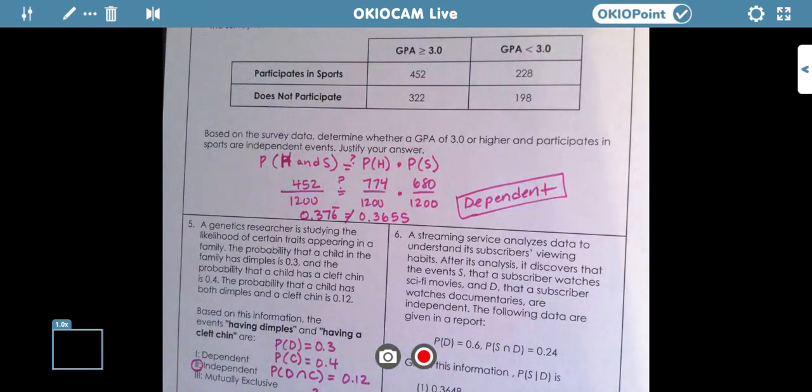All right, last one. A streaming service analyzes data to understand its subscribers' viewing habits. After its analysis, it discovers that the events S, that a subscriber watches sci-fi movies, and D, that a subscriber watches documentaries, are independent. The following data are given in a report. Given this information, we want to know what the given is. Well, these things are not all in the same formula.